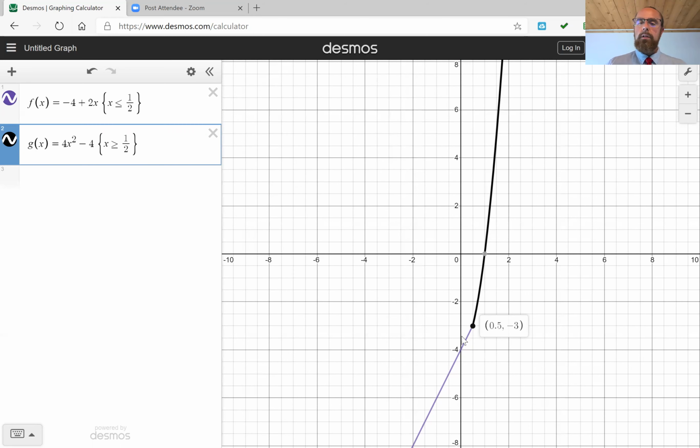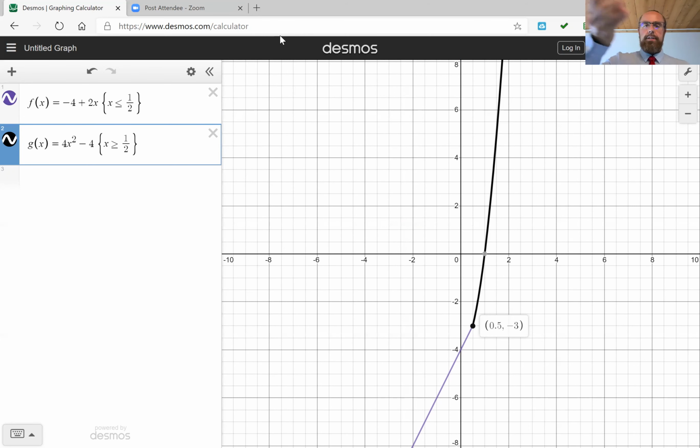So when I look from the left and from the right, both sides are approaching -3. So the limit exists and it equals -3. And then the third criteria is just that the value of the function equals the limit as x approaches that value. And again, -3 equals -3. So definitely the function is continuous.